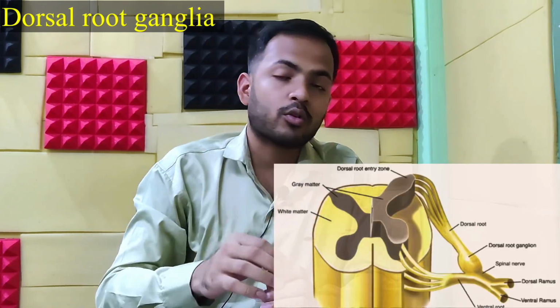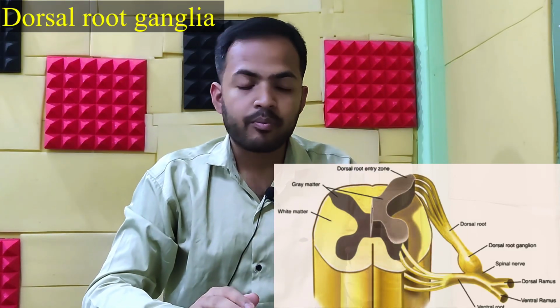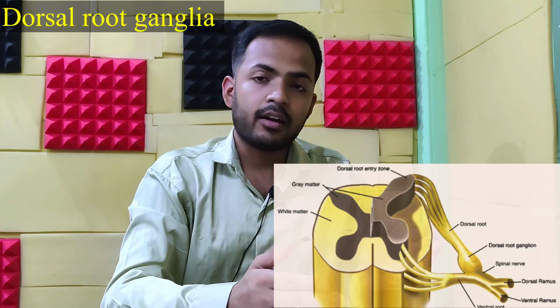In our entire body, we have three major types of ganglia: one is dorsal root ganglia, second is cranial nerve ganglia, and third is autonomic ganglia. One by one, as I said, we have dorsal root ganglion. As you can see in this photo, this is the transverse section of spinal cord, and you can see the spinal cord has ventral root and dorsal root.